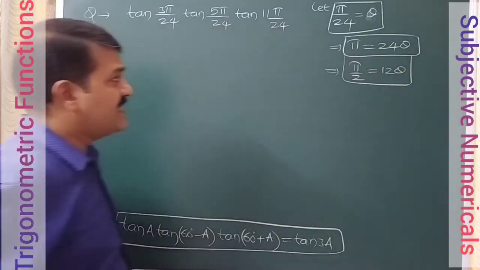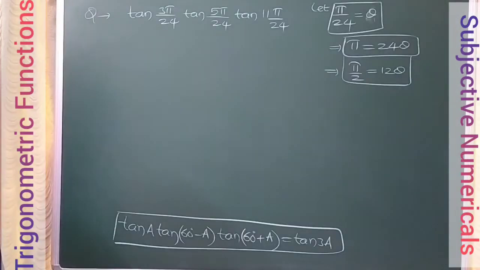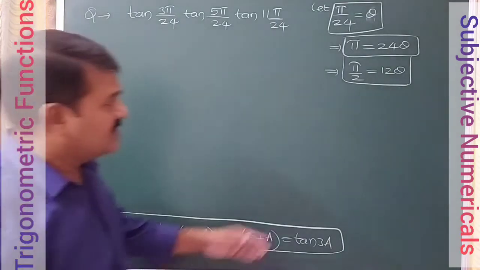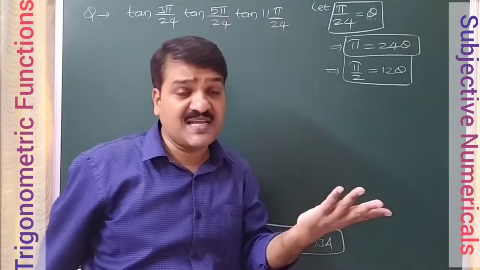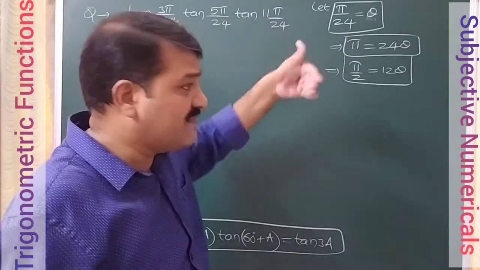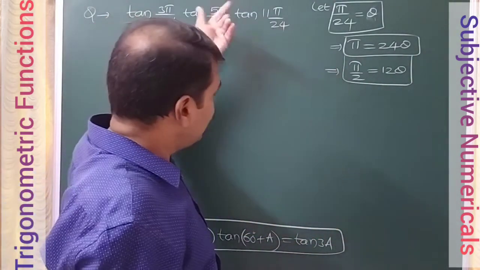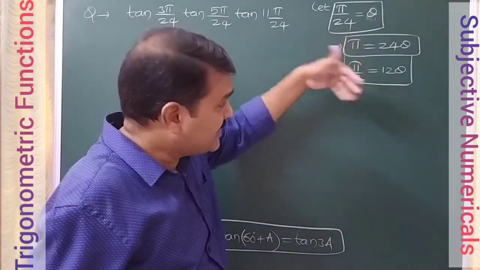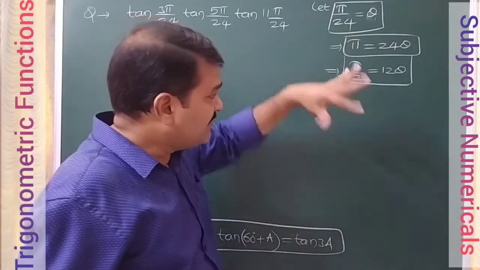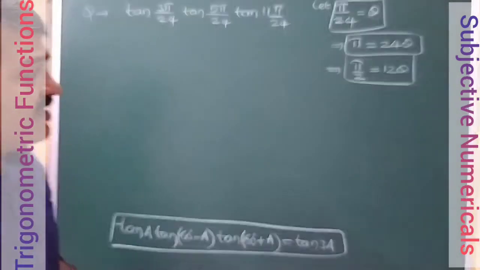We will use 24 theta and 12 theta as reference angles. Reference angles mean that for modification purposes, we express angles in terms of 24 theta or 12 theta or multiples of that, such that we can use the allied angle formulas.